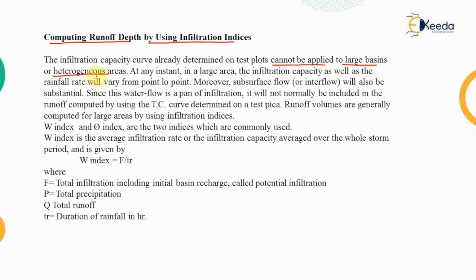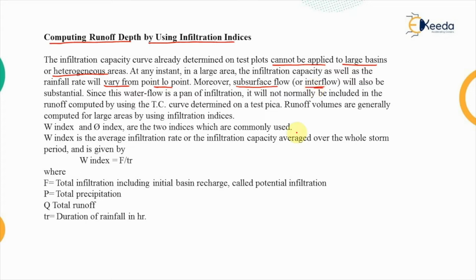At an instant in a large area, the infiltration capacity and the rainfall rate vary from point to point. Also the subsurface flow, that is the interflow, which is in the upper crust of the earth surface, is also very substantial.